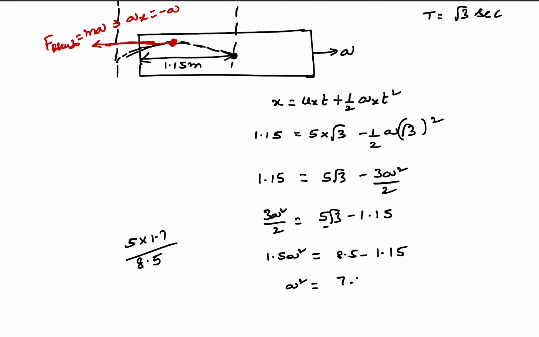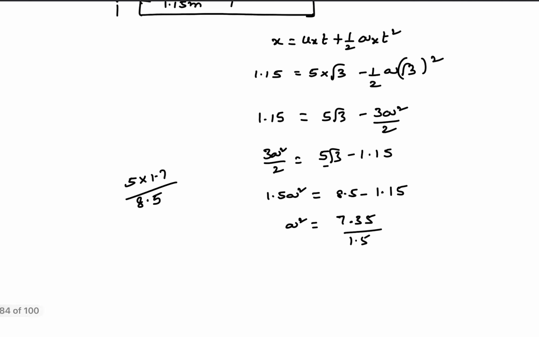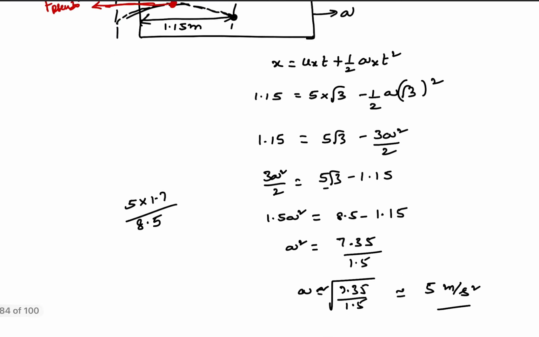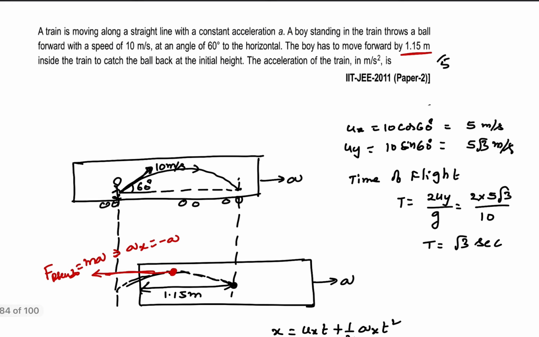So a square value you can write as approximately 7.35 divided by 1.5, and the a value is the square root of approximately 7.35 divided by 1.5, approximately 5 meter per second square.